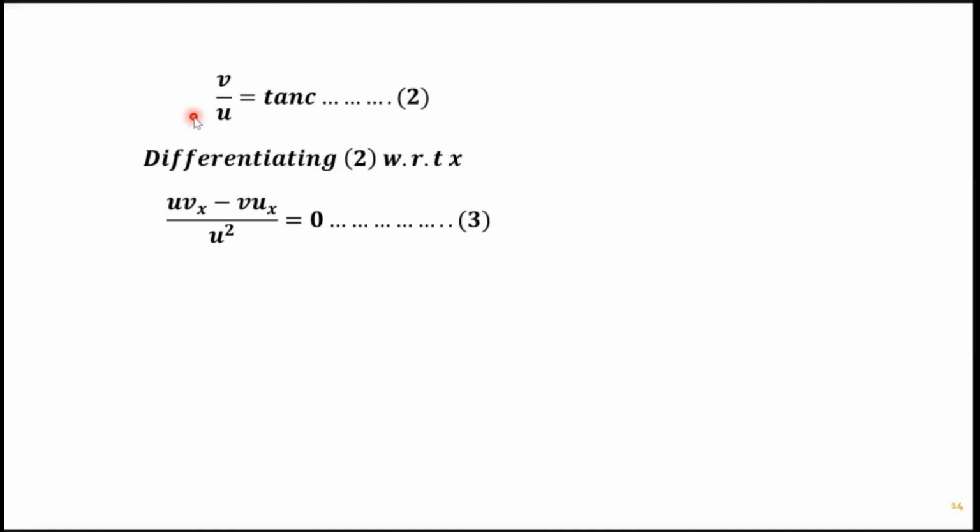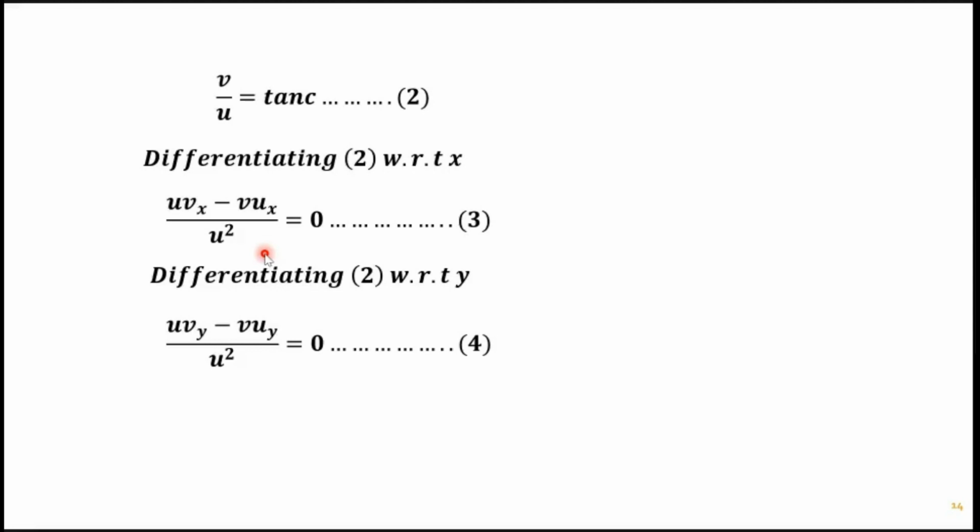So now here I'm differentiating with respect to x, so only the vx or ux part will come. Similarly with respect to y करना है, same function आ जाएगा, x के बदले y.